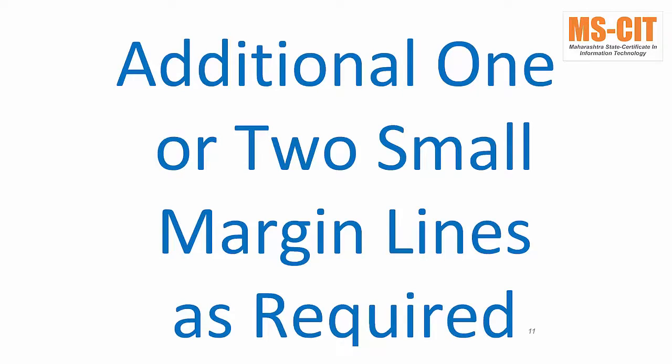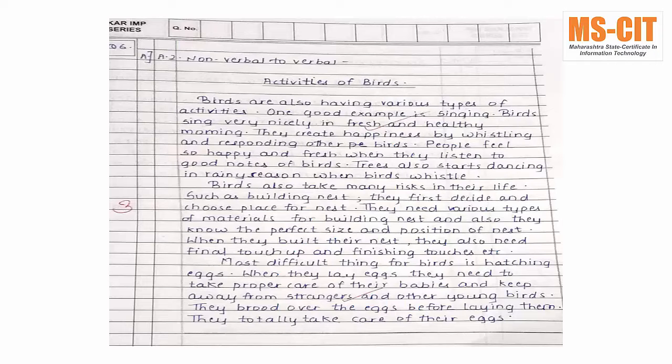As required, on the left hand side you can draw one or two additional margin lines, especially for SST and science. You need two additional small margin lines, and in that second small margin you will write the point number, because in SST and science we normally write all answers in points: point number 1, point number 2, point number 3.